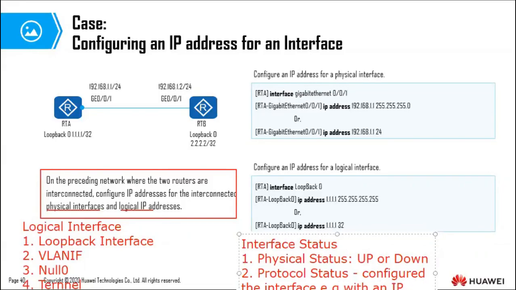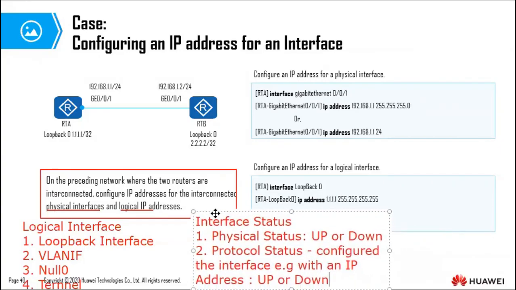So again, it can be up or it can be down. So if you have configured an IP address on a physical interface, its protocol status is going to be up. If you've not configured, it's going to be down. So I hope you remember that.